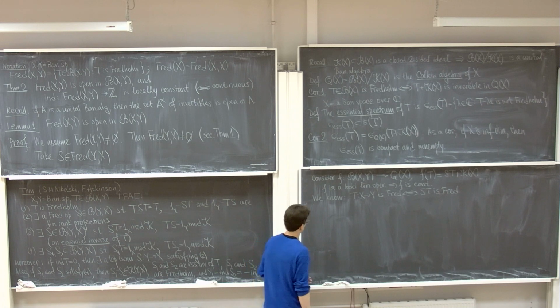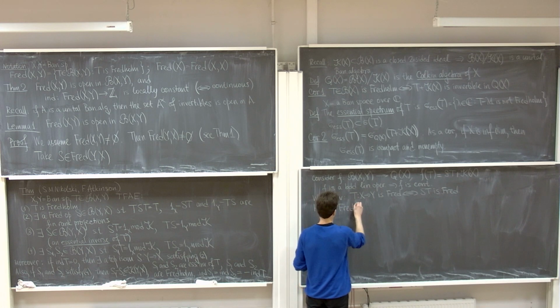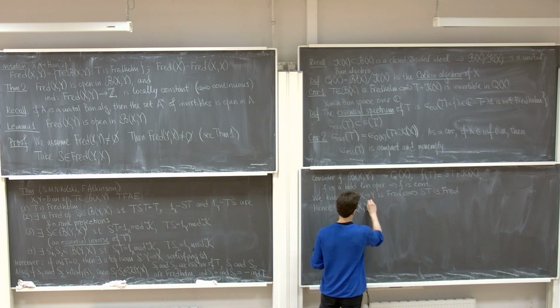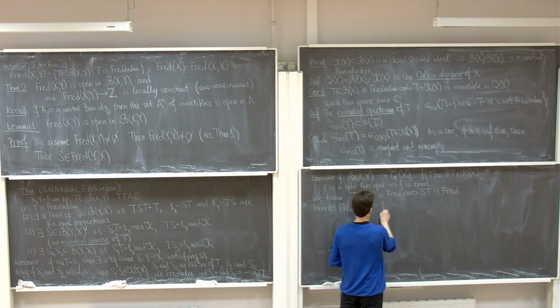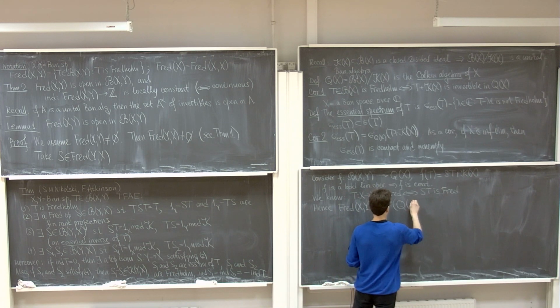So this observation implies that the set of all Fredholm operators from X to Y is nothing but the preimage of the set of invertibles in the Calkin algebra.